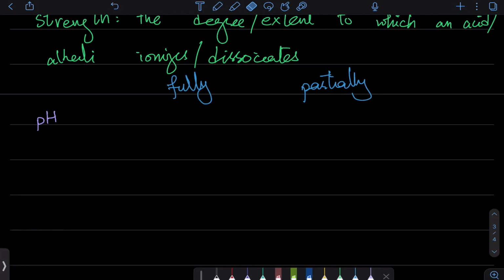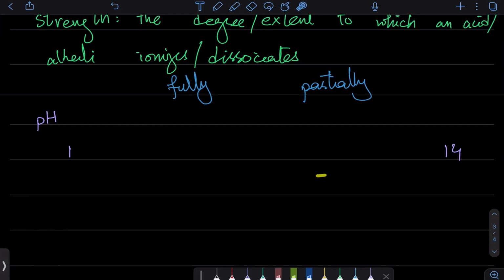And for that, we have the pH scale. pH scale, even though it has a wide range, we will keep ourselves to just between 1 and 14. 1 means it is giving too many H positive and none of OH minus. Almost negligible, nothing of OH minus. 14 means it's giving too many OH minus and almost nothing of H positive.